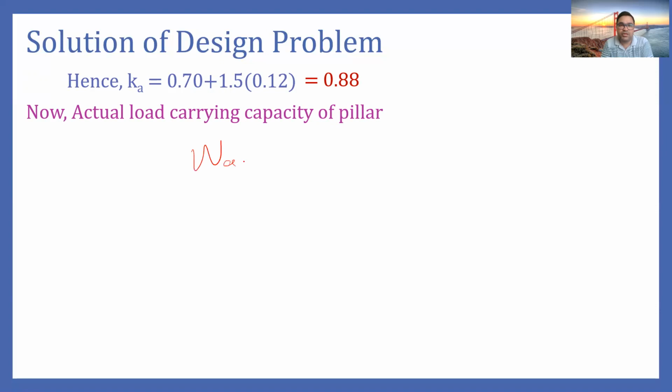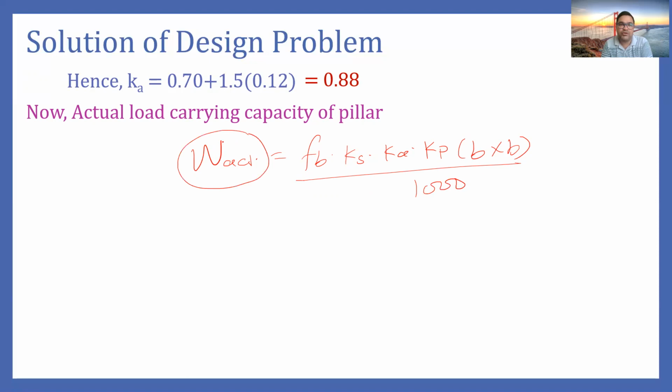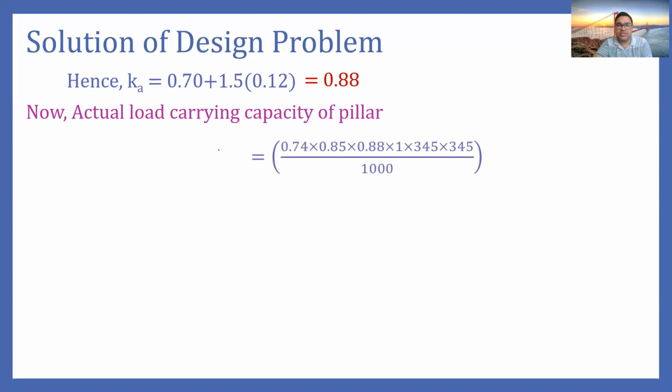We will say W actual is FB into KS into KA into KP into B into B. We know all these values, and if we divide by 1000, we get the value of W in kilonewton directly. I have already provided the values here: FB, KS, KA, KP, B into B, divided by 1000 to get the value directly in kilonewton.